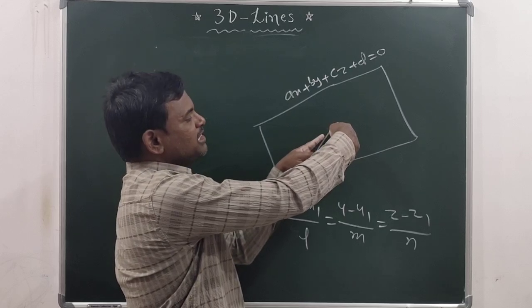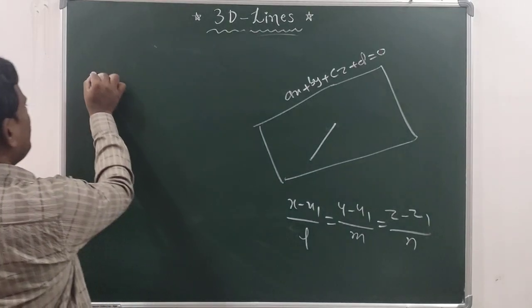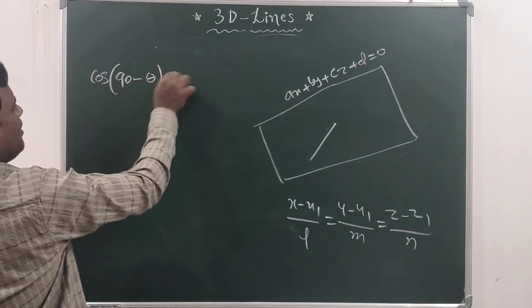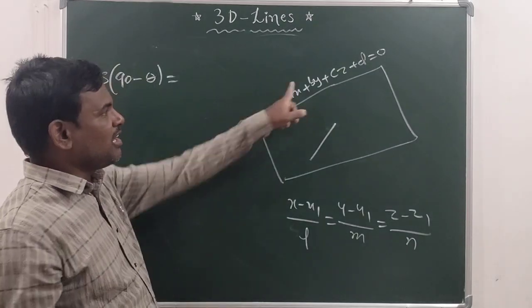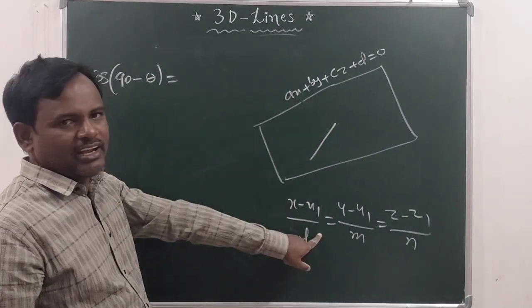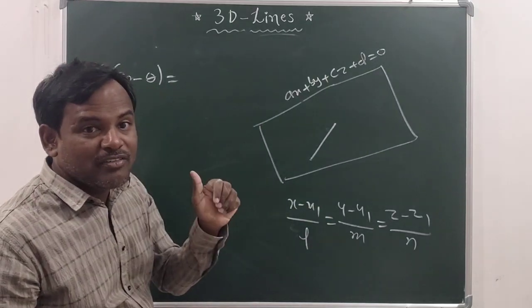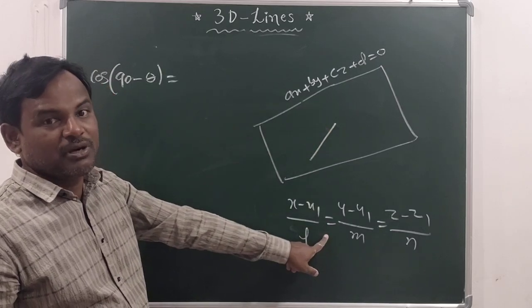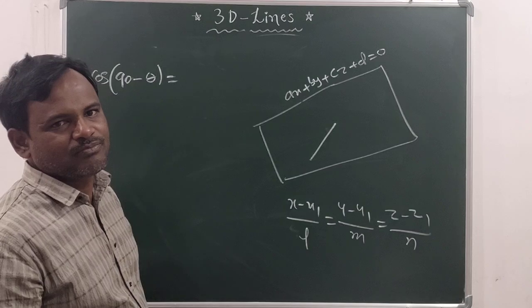But how much is this? 90 minus theta. So, 90 minus theta is the angle between the normal of the plane and the line. What is 90 minus theta? The angle between the normal of the plane and the line. But what is theta here? The angle between the line and the plane.